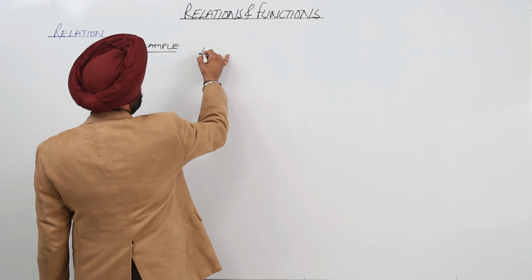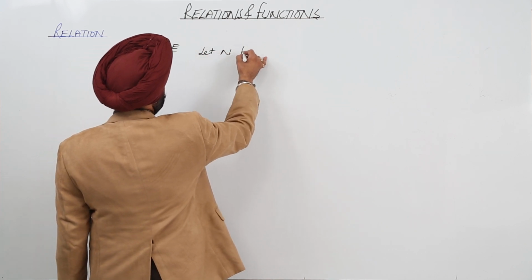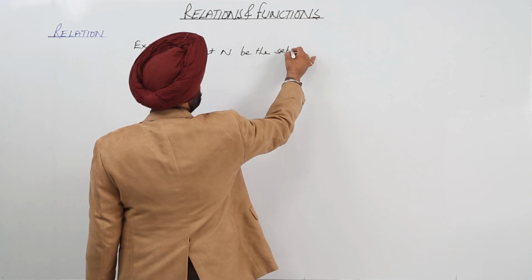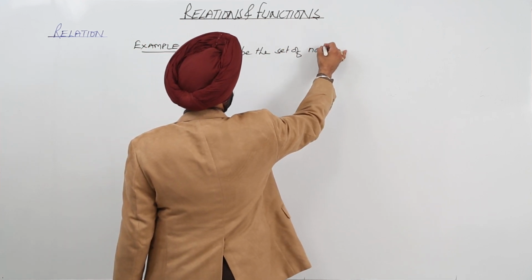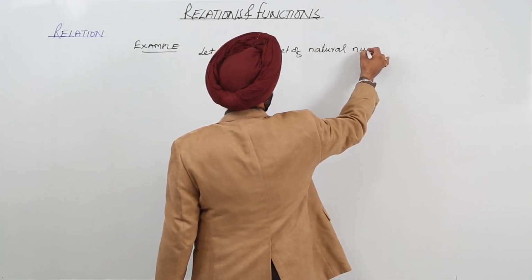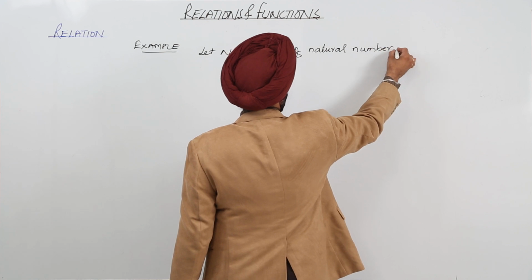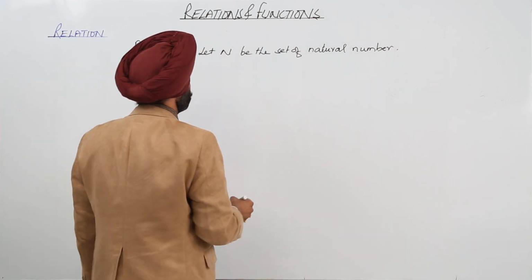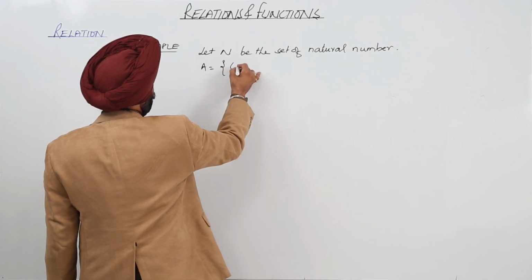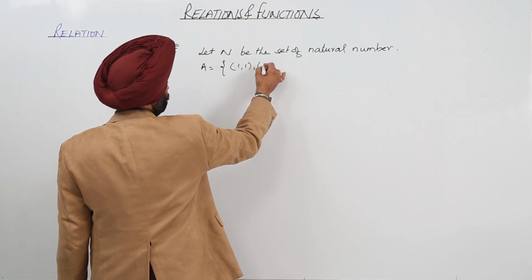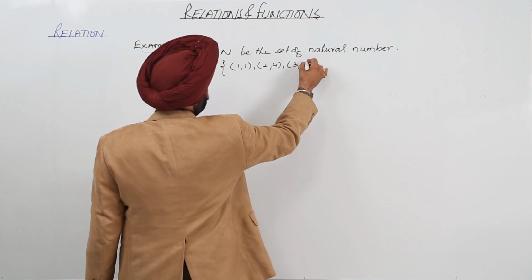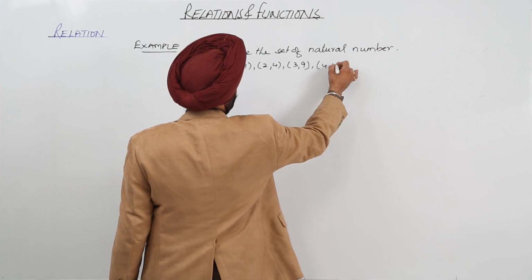Let capital N be the set of natural numbers. Now I am writing here set A with the ordered pairs (1, 1), (2, 4), (3, 9), (4, 16) and so on.